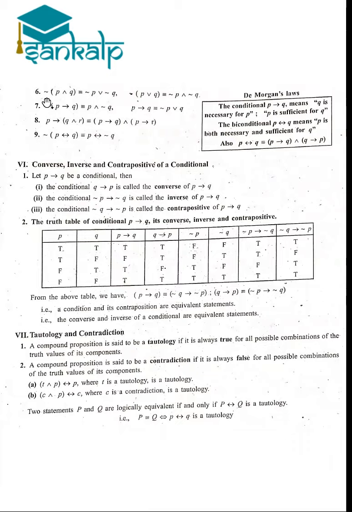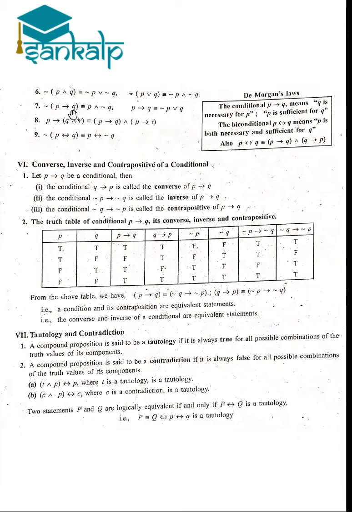Next, De Morgan's law. Negation of (P and Q) is equal to negation of P or negation of Q. Negation of (P or Q) is equal to negation of P and negation of Q, where OR gets converted into AND.